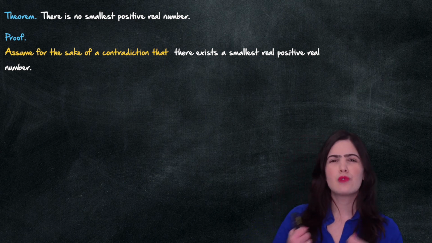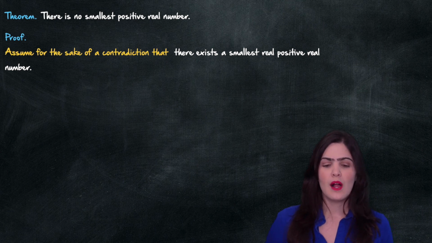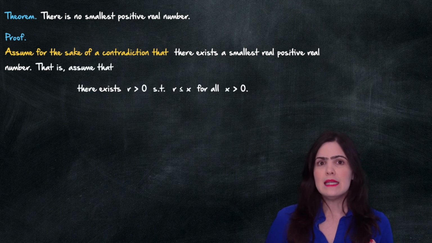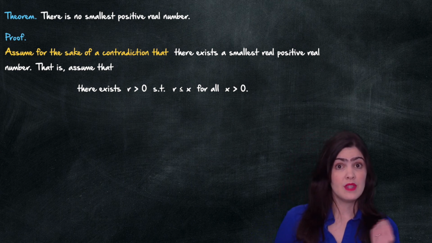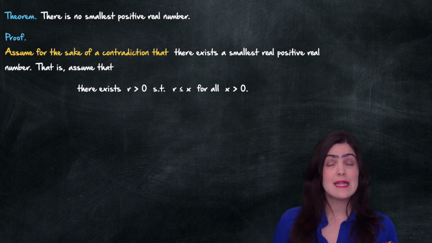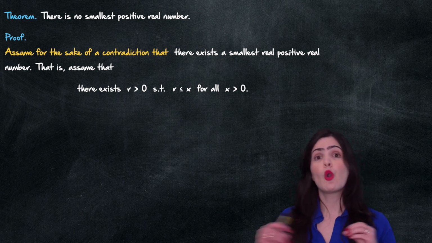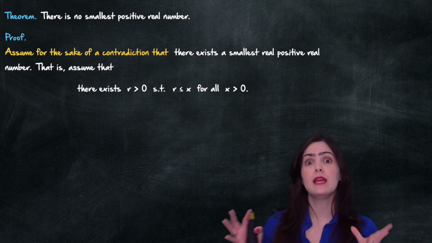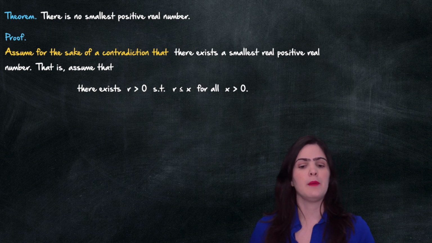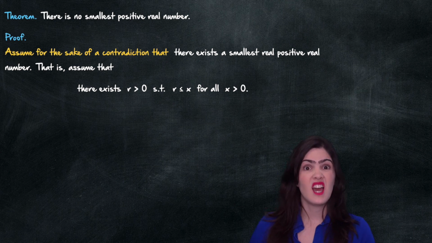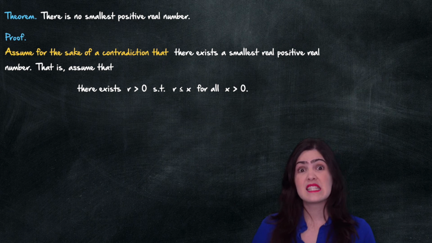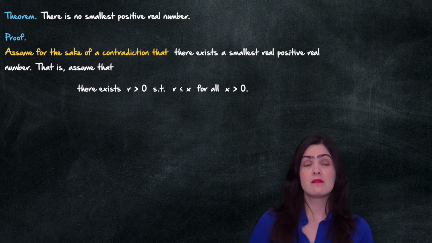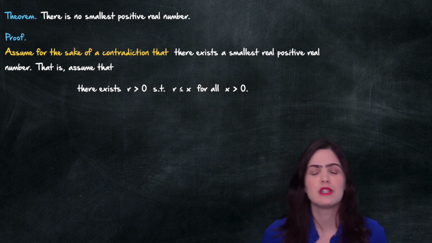Let's try to unwrap it and see what this means. Well, this means that there exists a positive real number r such that r is less than or equal to x for any positive real number x. Okay, so now that we have this, our goal is to construct a positive real number that is smaller than this smallest positive real number.